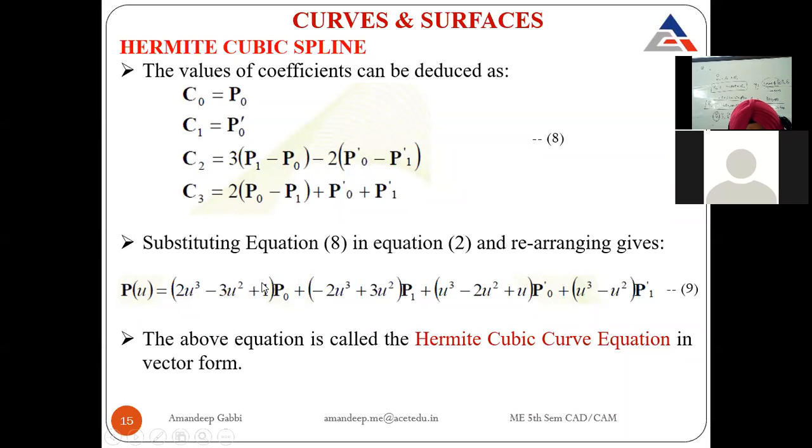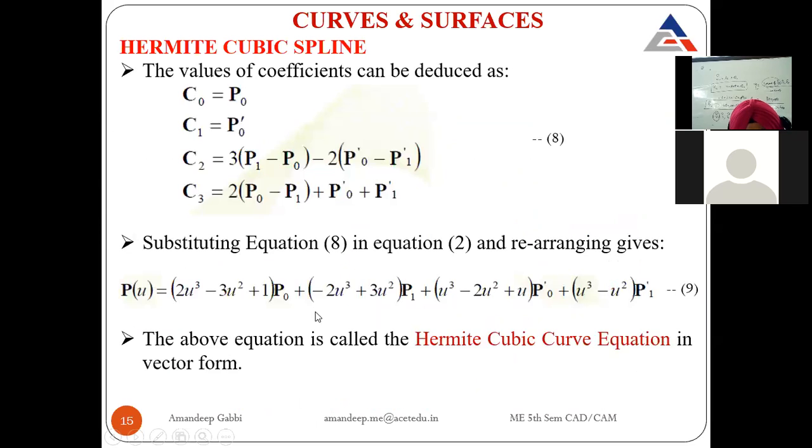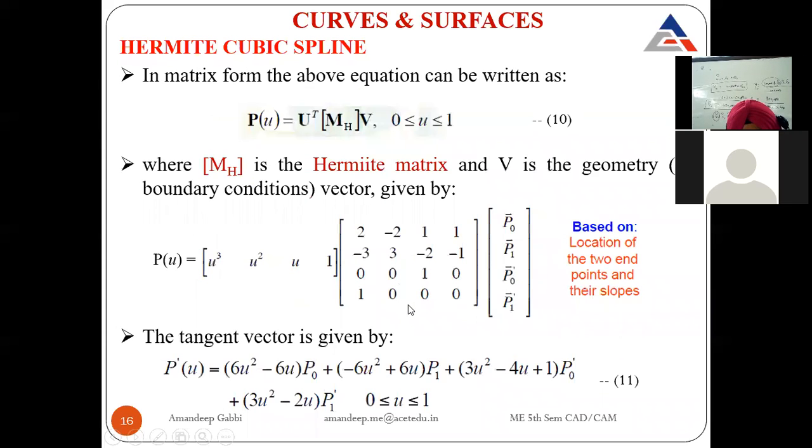U cube, U square, U is missing from this. So what is to be written? 2, minus 3, 0, because U is missing, so we will place 0 over here, and 1. So minus 2, U cube, U square, U is missing and the constant term is also missing. You can write minus 2, 3, 0, 0.